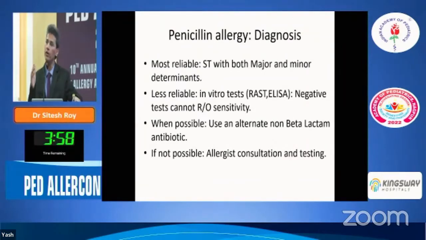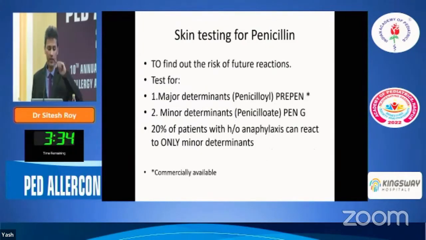If you do only with PenG, you can actually miss up to 20% of anaphylactic reactions. Which is why I tell people that a negative allergy test to a drug is not equal to the person taking the drug safely. You still require a graded dose challenge or potentially a desensitization protocol, depending on how severe the original reaction was to the drug. And this is where an allergist consultation becomes very, very important.